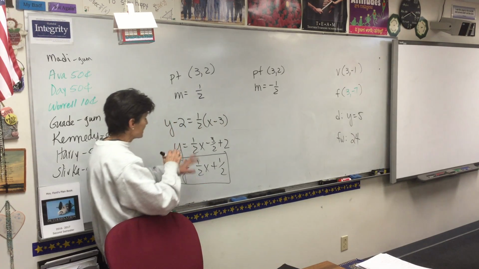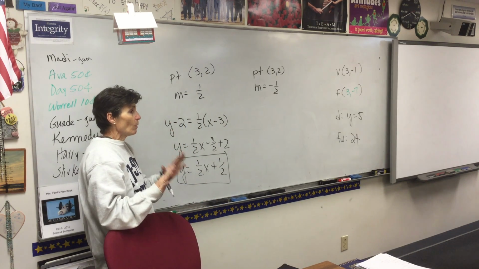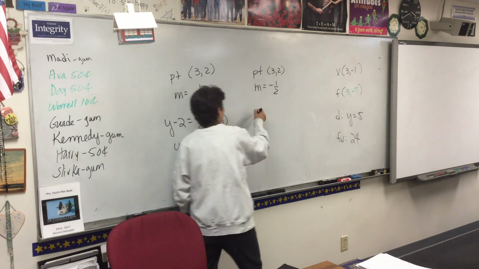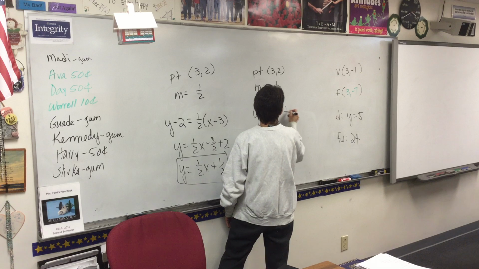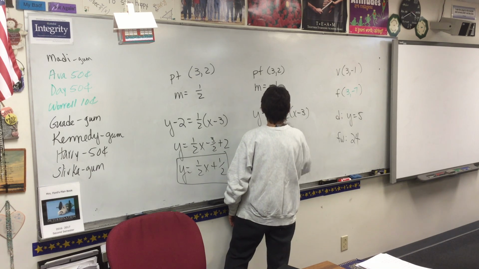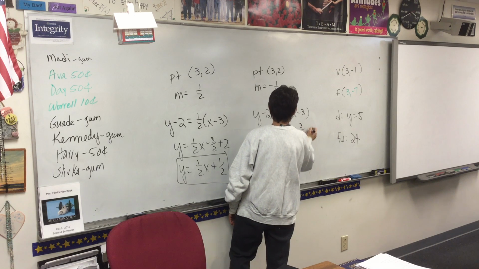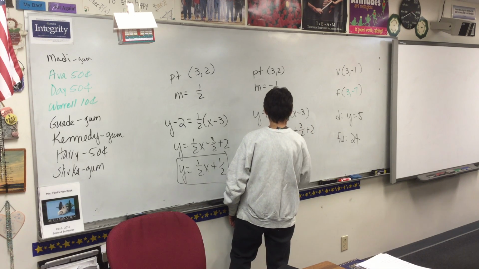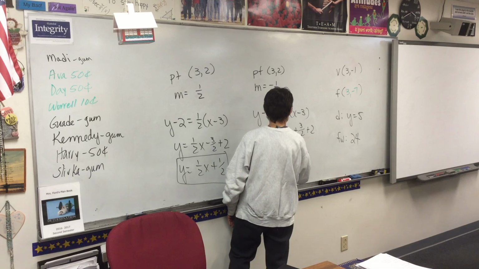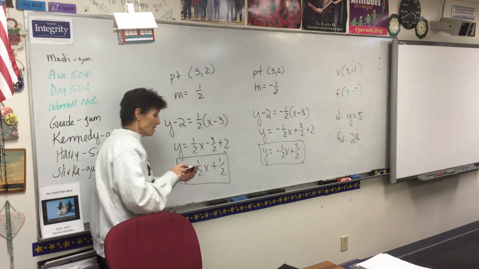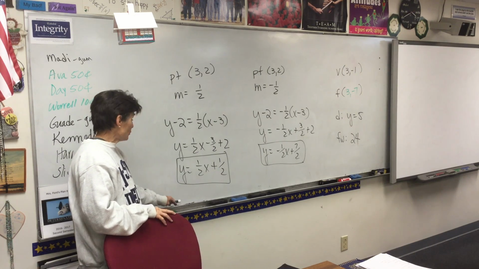You might be doing it a totally different way, and that's okay, but make sure that this is the answer you're getting. And if it's not, then you need to practice writing equations of lines. And there would be the second one. Make sure that you can do that.